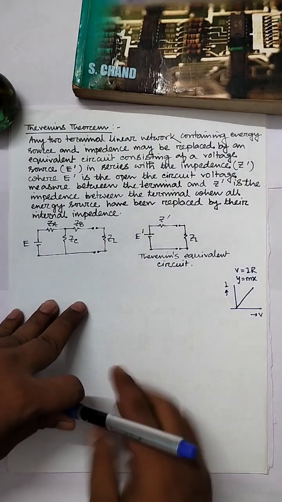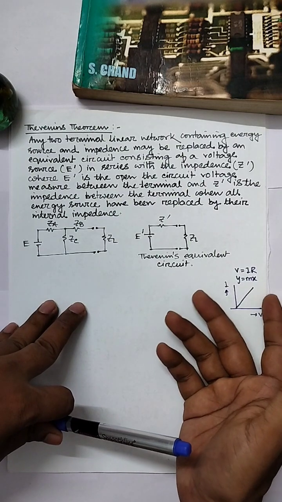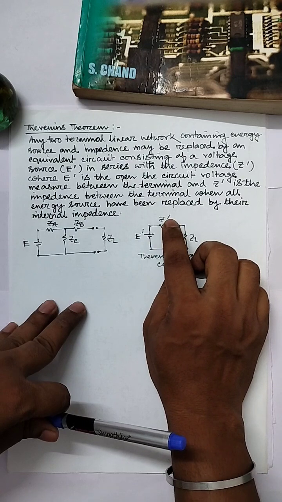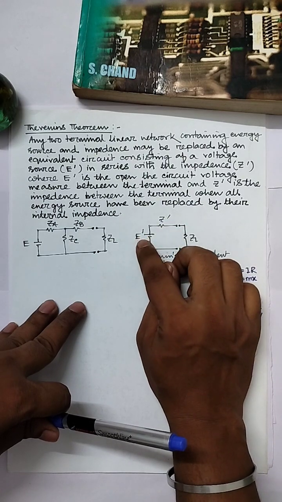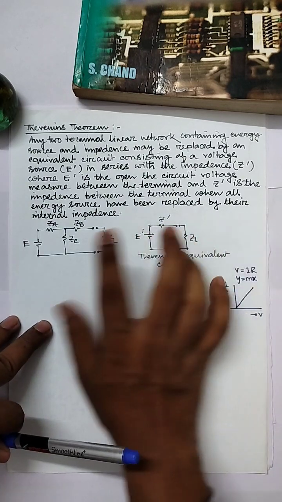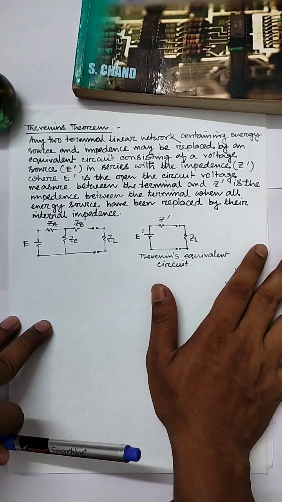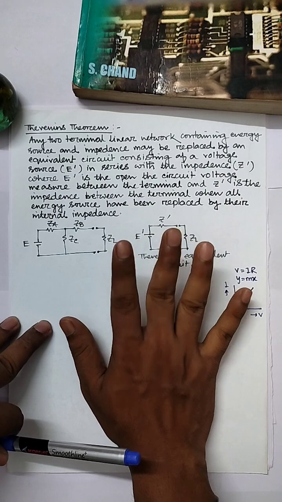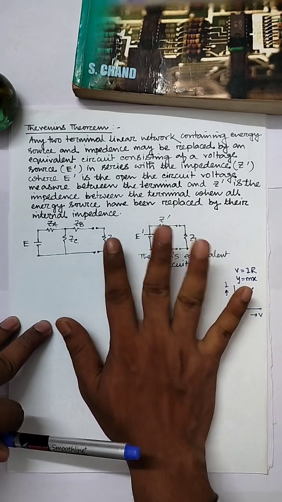Now we will calculate the Thevenin equivalent resistance and Thevenin equivalent voltage, and we will also prove that these two circuits are equivalent, and see how to calculate the current flowing through the Thevenin equivalent circuit.